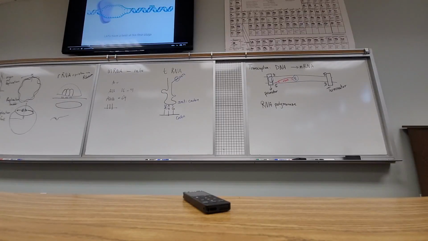Let's have a look at the first stage of transcription. Initiation is the first stage, and it's during this time that enzymes unwind the DNA double helix, and a specific enzyme called RNA polymerase attaches to a region of the DNA called the promoter. This promoter region of the DNA actually signals the start of a gene.